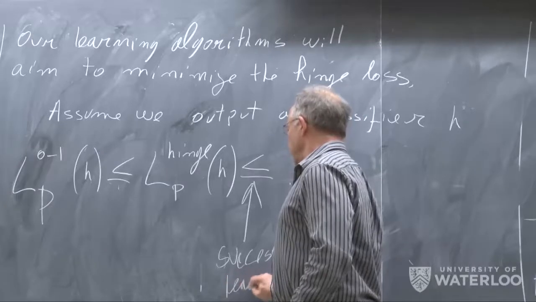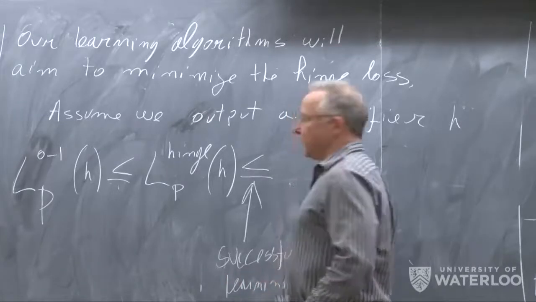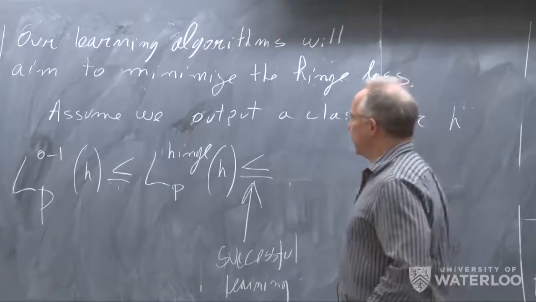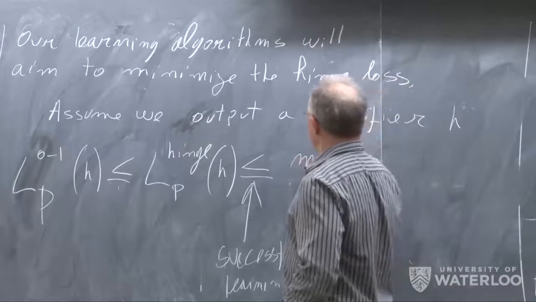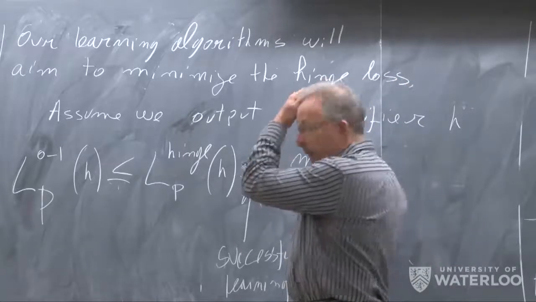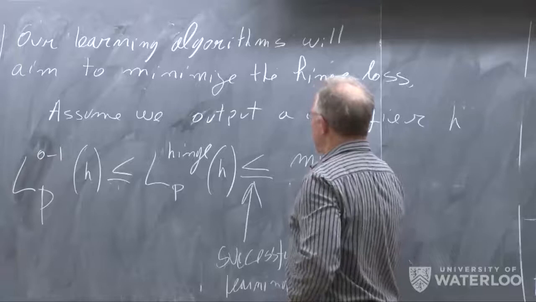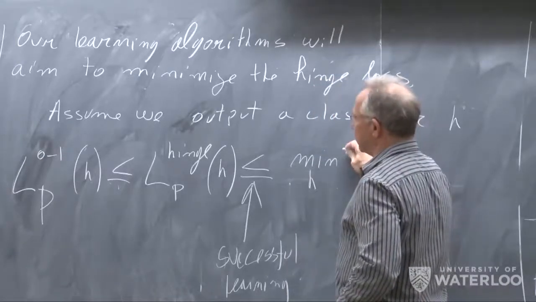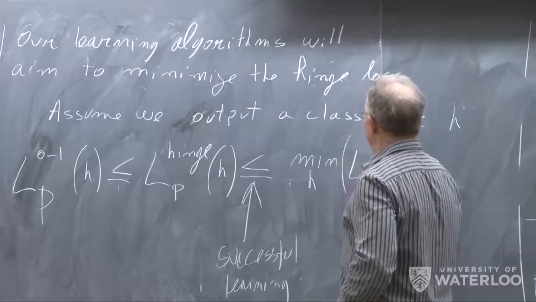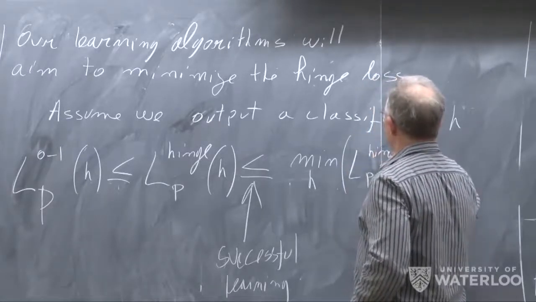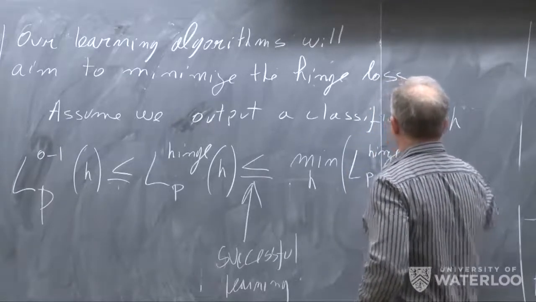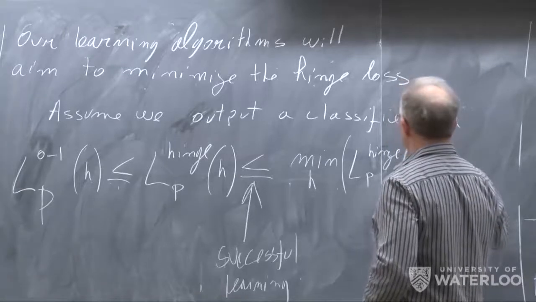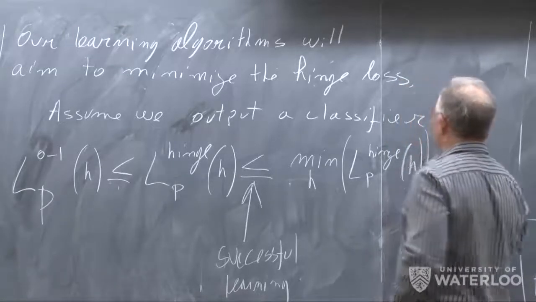which, if we had successful learning, we know is going to be at most the minimum over all H's of the hinge loss, L_P hinge of H, plus some epsilon, right?